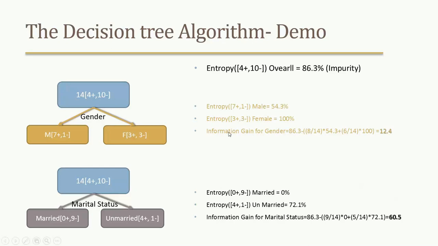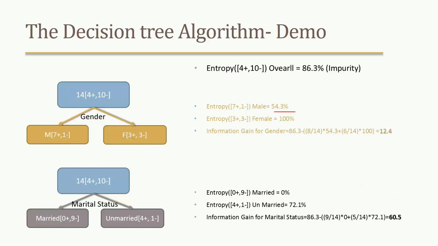Now the information gain for gender is the entropy before the split, the impurity before the split, that is 86%, minus the entropy after the split. The weighted average is 8 divided by 14 times 54, that is the individual node entropy and the node weightage.